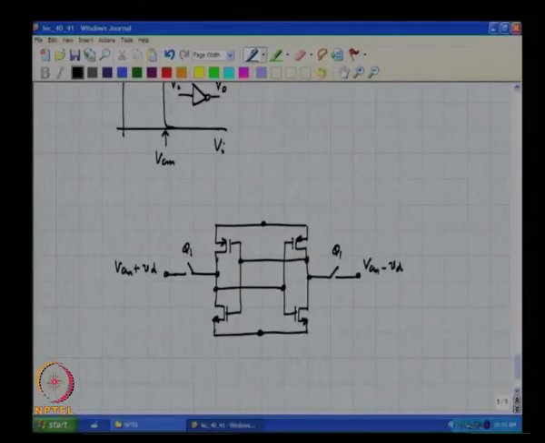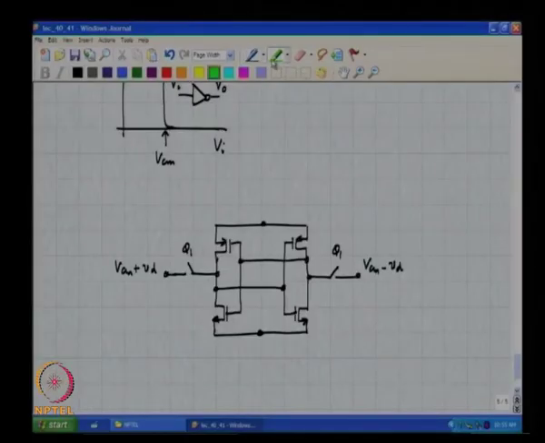These switches are on when phi 1 is high and off when phi 1 is low. So, at what edge of phi 1 are we interested in the voltage held on those two nodes, to make a decision? So, what are those two voltages?